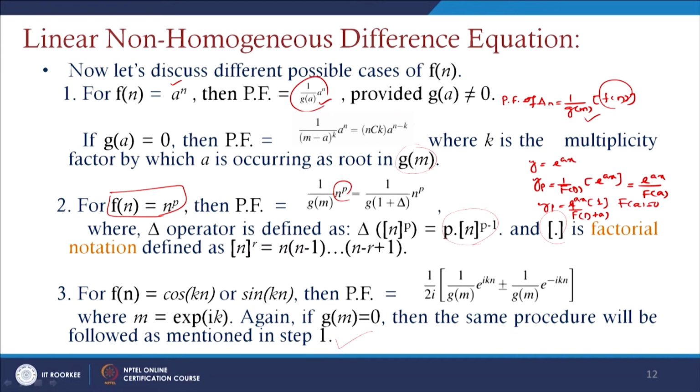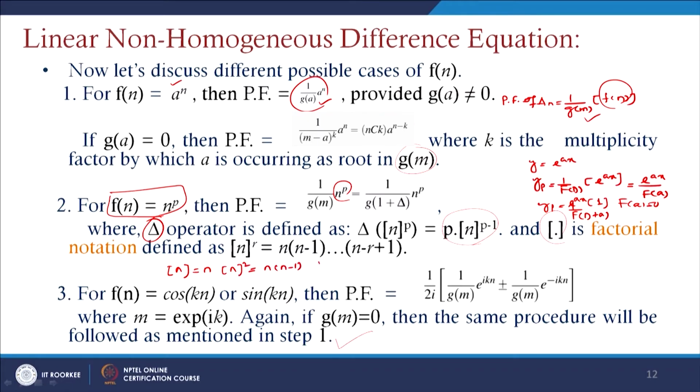And if we write in this form, then we have to use certain difference operators to get this particular function. The difference operator used for this class of problem is the forward difference operator. The forward difference operator is operated on this bracketed function we have defined. The bracketed function of n takes the value n. The bracketed function of n square takes the value n into n minus 1.